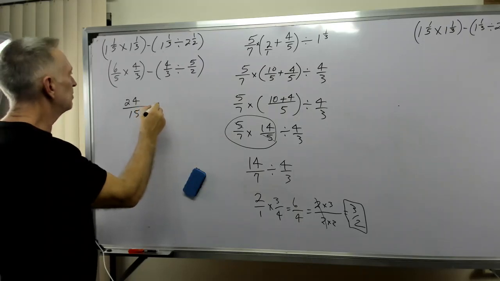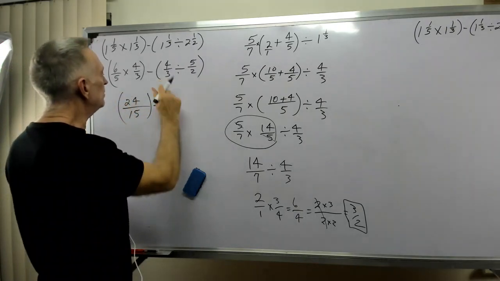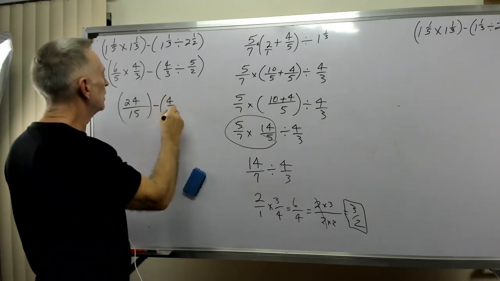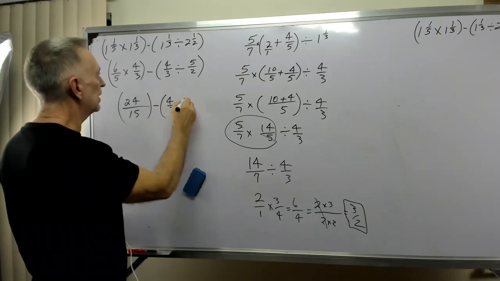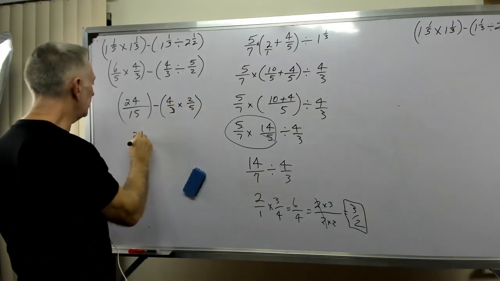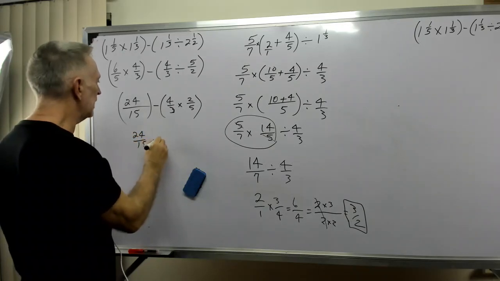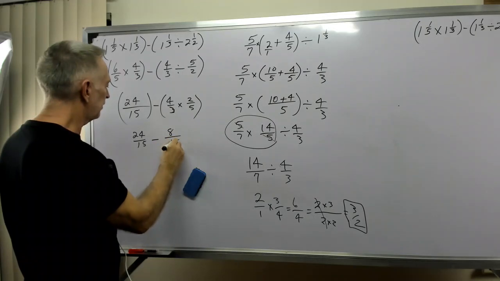Okay, that's minus, I'll keep my parentheses for now, 4 over 3, since it's dividing by 5/2, it's multiplied by 2 over 5. So I have 24 over 15 minus 4 times 2 is 8, 3 times 5 is 15.